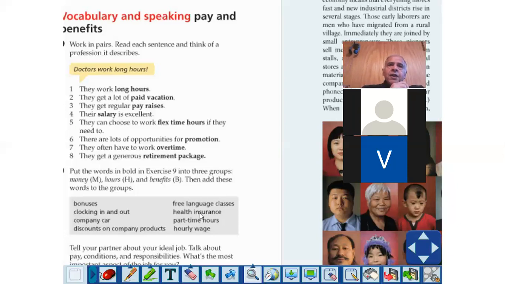Apart from belonging to your ISAPRE, which is the private system, or the public system, FONASA, the university hires a health insurance, and with that health insurance, if you have to buy certain medicines, you present your bill with the money that you spent, and the health insurance gives you back half of it.